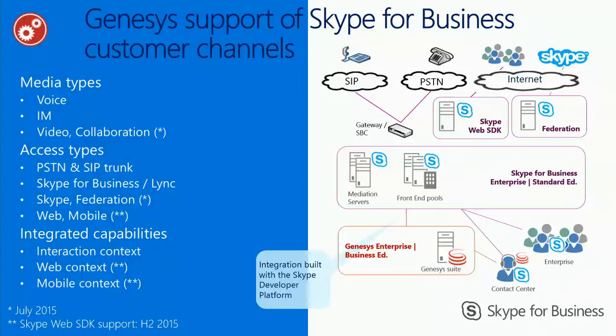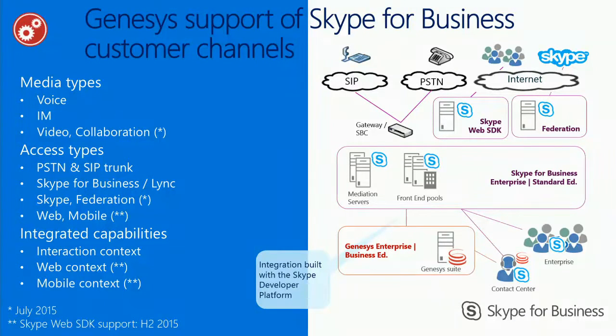And the agent is then able to seamlessly, through Skype for Business, consult with others in the enterprise who only have Skype for Business instead of Genesys as well, exchanging presence and IM if necessary. Right? You see there the various media types and access types that we support with a little bit of timing.